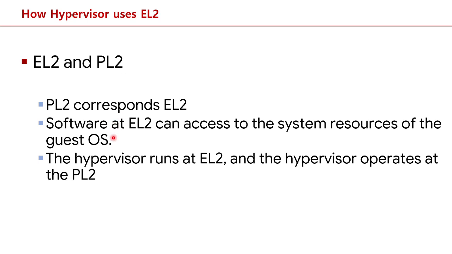The software at exception level 2 can access system resources, such as the system registers suffixed with EL1 of the guest OS. This kind of operation is allowed in order to monitor or inspect the workload of multiple guest OS. The hypervisor runs at exception level 2 to monitor the workload of multiple guest OS. That is the feature of the hypervisor.